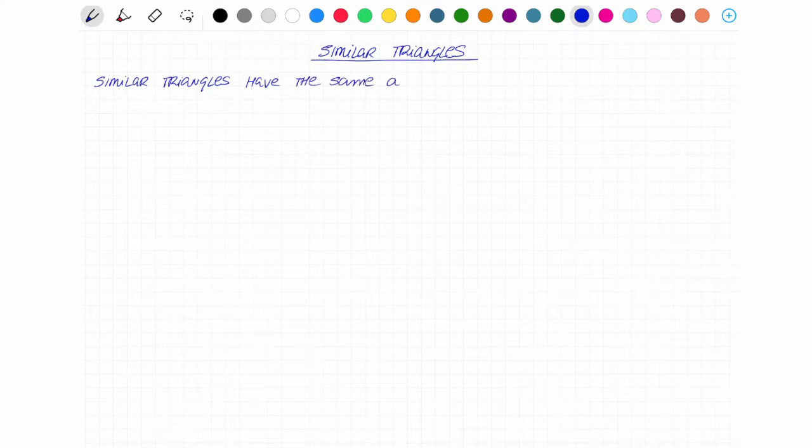That means that basically one is a zoom in or out of the other, or mathematically that the ratios, the proportions between the sides are going to be constant. That's going to be a very useful thing because it allows me to actually find missing sides, lengths of the sides.